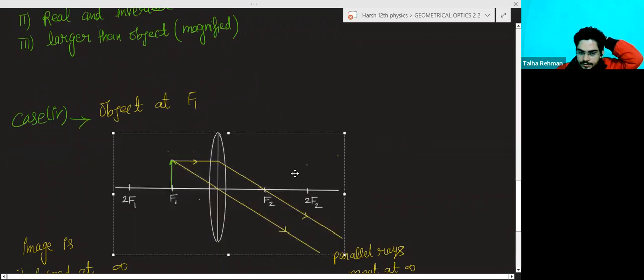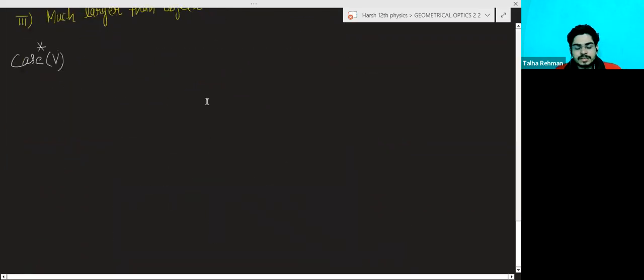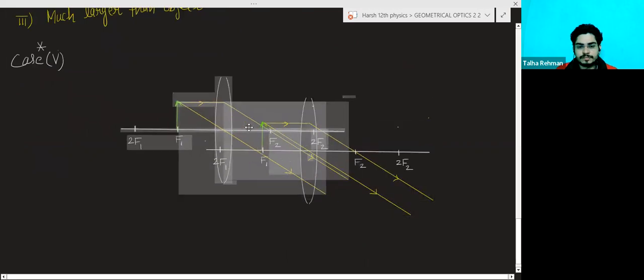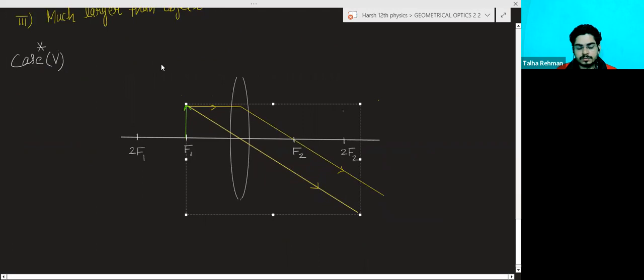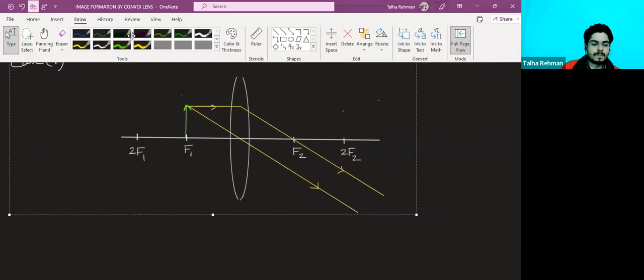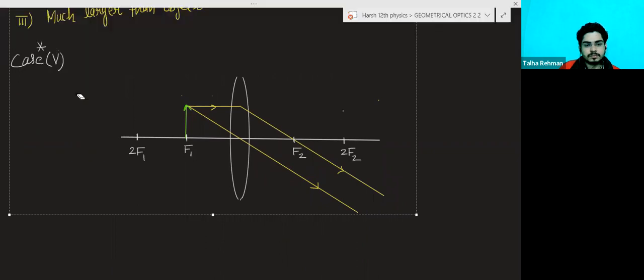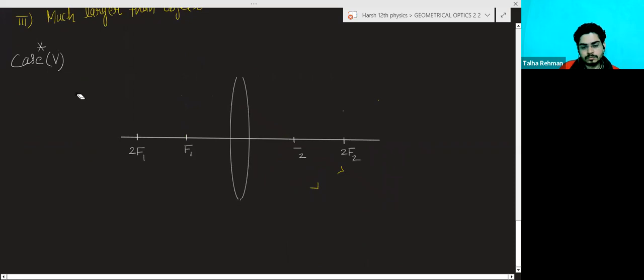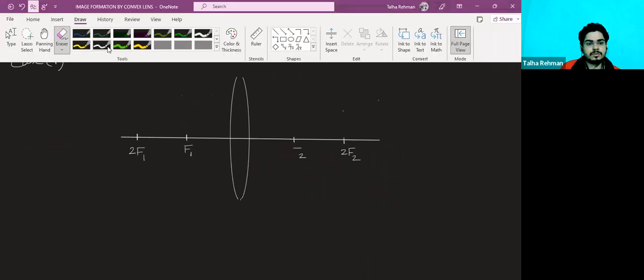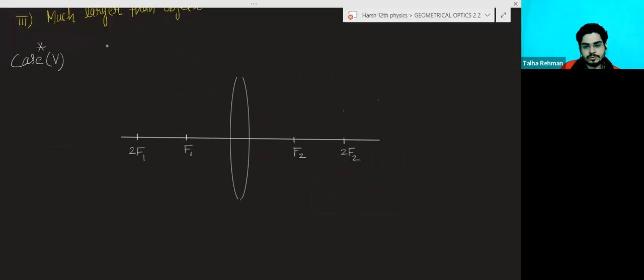Suppose I am taking a convex lens. So this is F2, this is 2F2, F1 and all that.